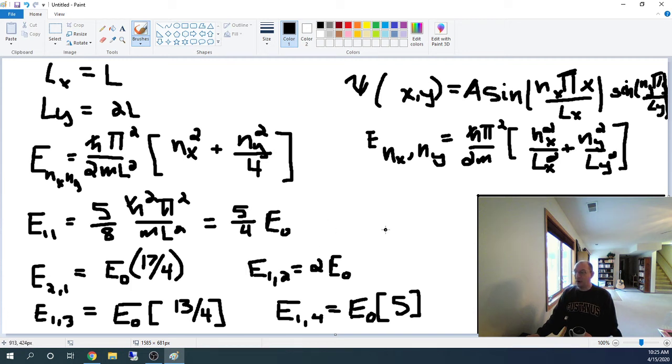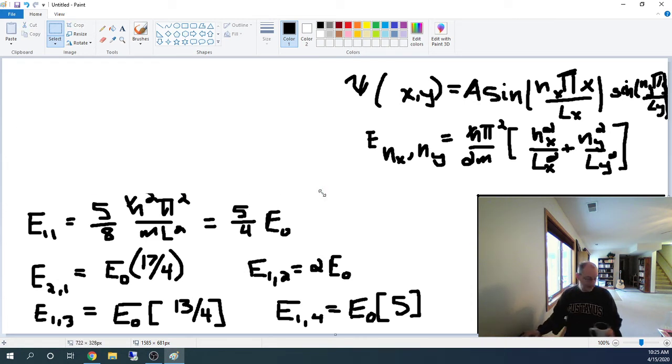So if I was going to look at the order of these, maybe I could stretch this down a little bit, I'm going to select this here so I give myself a little space to work with. I'm going to get rid of that. If I was going to look at the order, it goes E11 is the lowest energy, then E12, then E13.